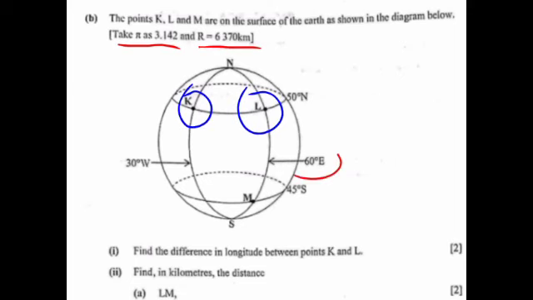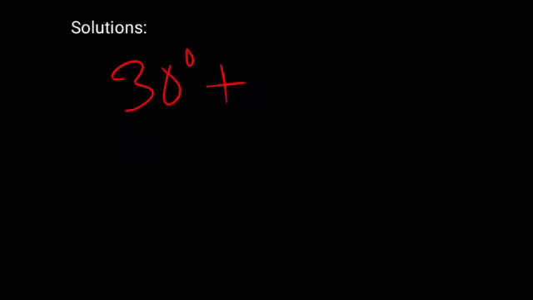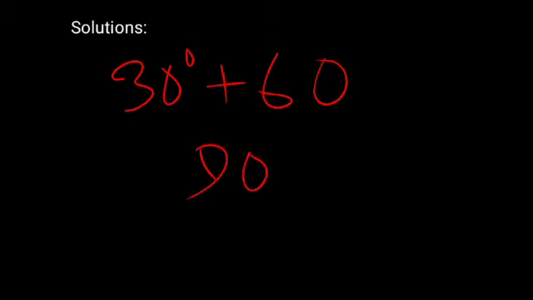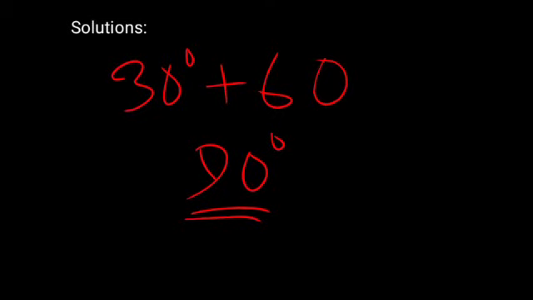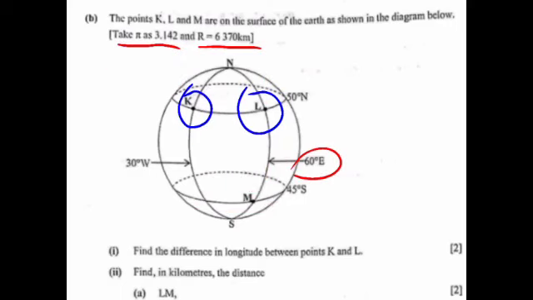If we say 30 plus 60, we are going to have 90 degrees. So the difference in longitudes between point K and L is 90 degrees. Let's look at how we can get the second question, because this is our focus for today.